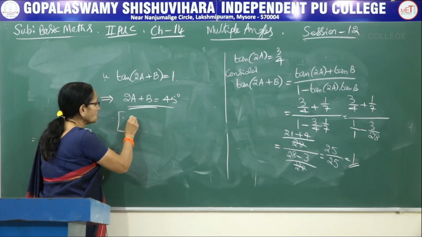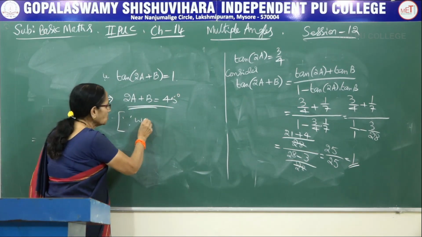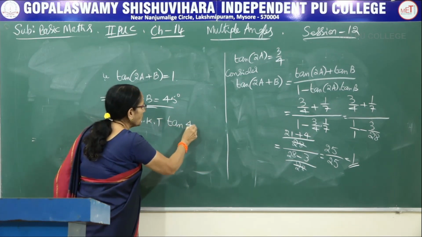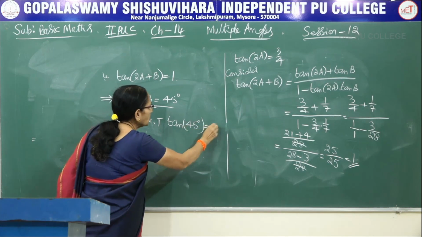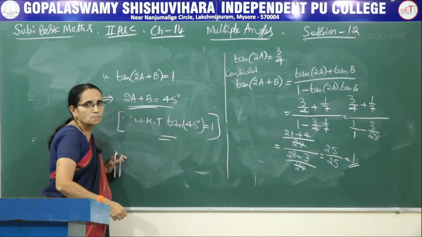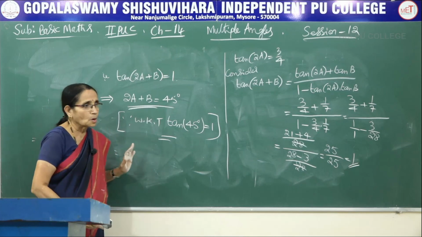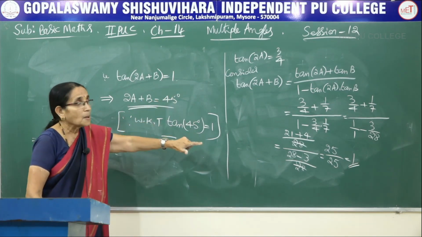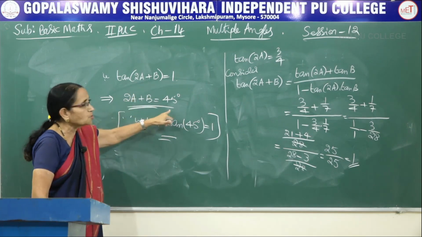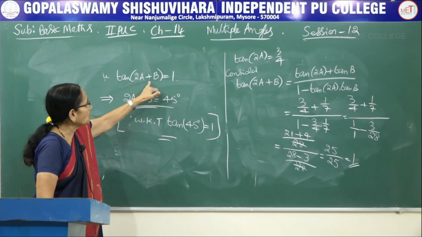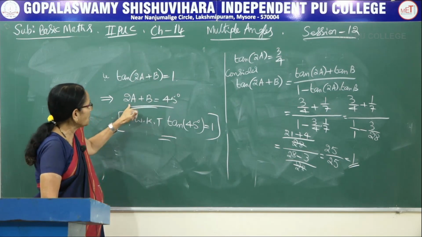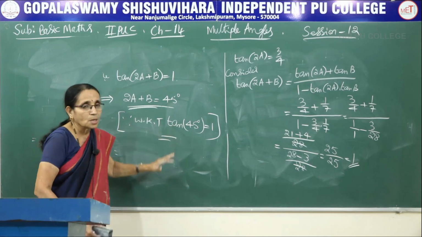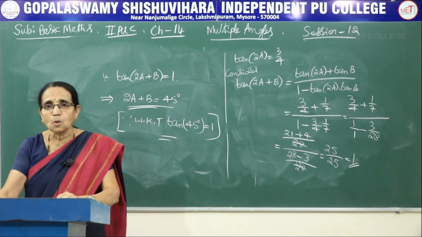You give the reason: since we know that tan of 45 is equal to 1. Okay, so this is how we have to solve. If it's asked to show that tan of 2a plus b is 1, you stop there. If you are asked to show that the angle is 45 degrees, then tan of 2a plus b equal to 1 implies that the angle is 45. The reason is we know that tan of 45 is equal to 1.